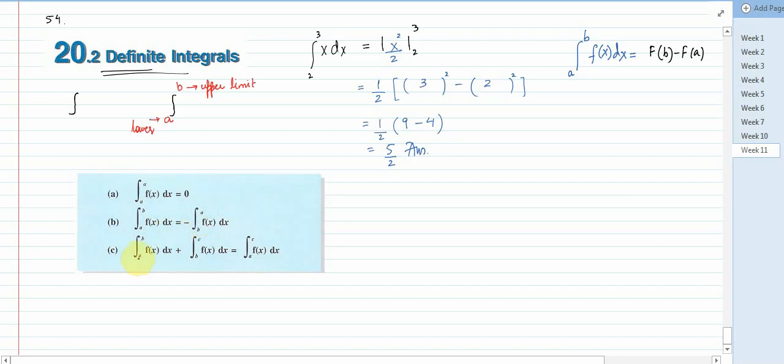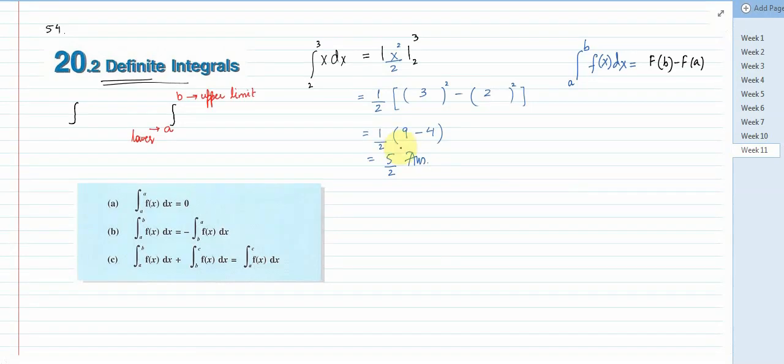If you apply limits from a to b plus b to c, then ultimately you are going from a to c, and that is your final answer. So write down these three properties in your copy. It will be helpful for you.